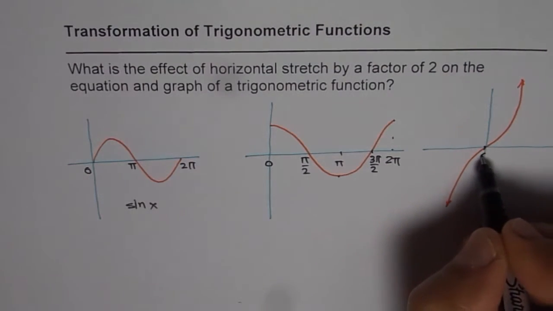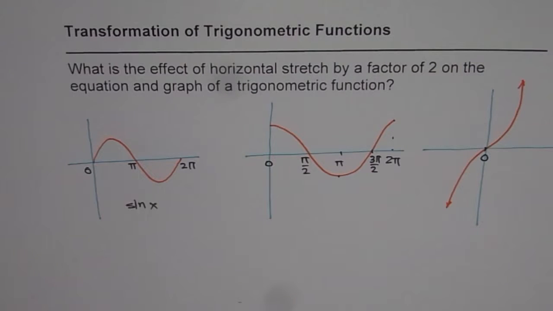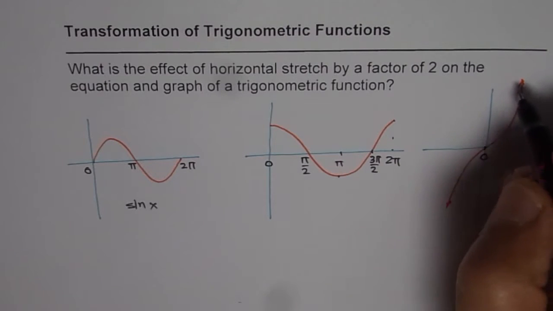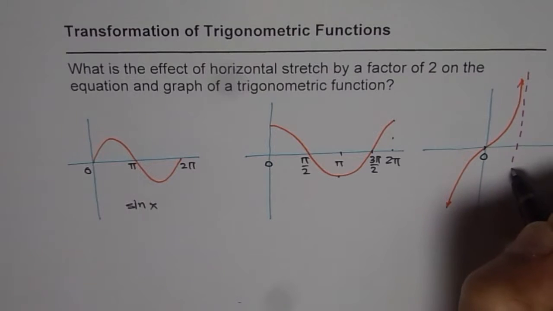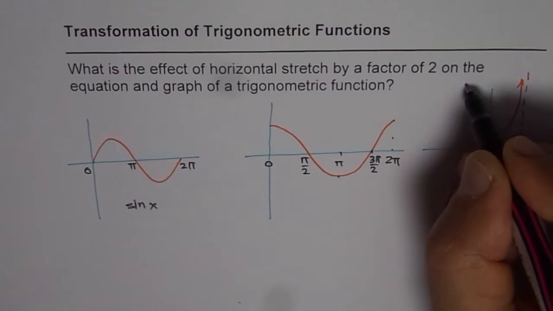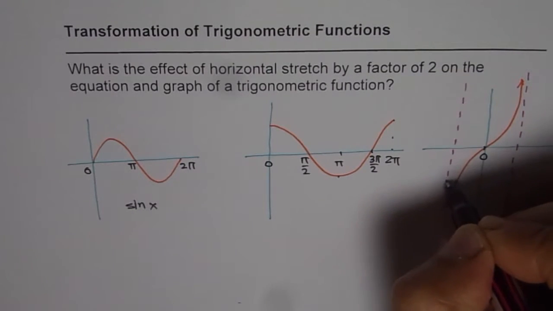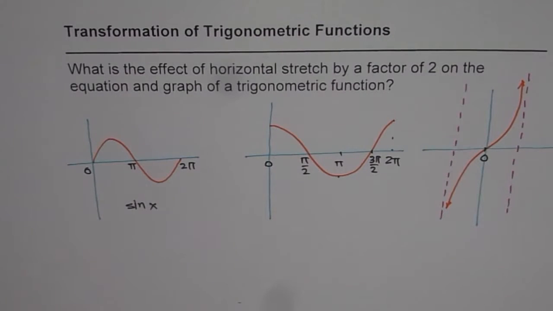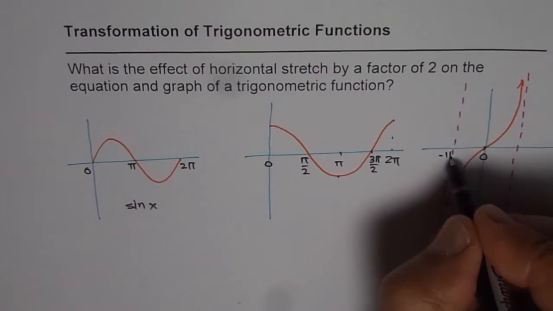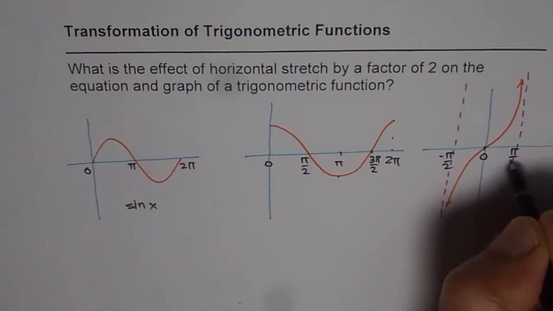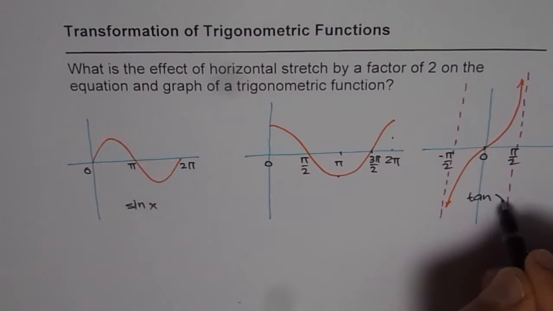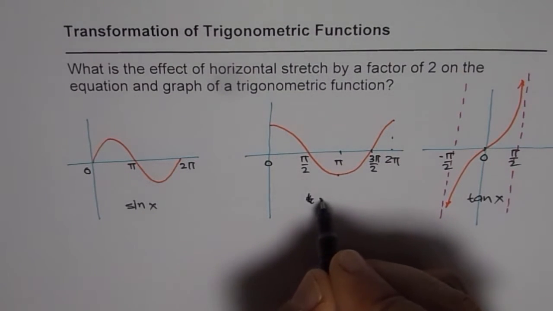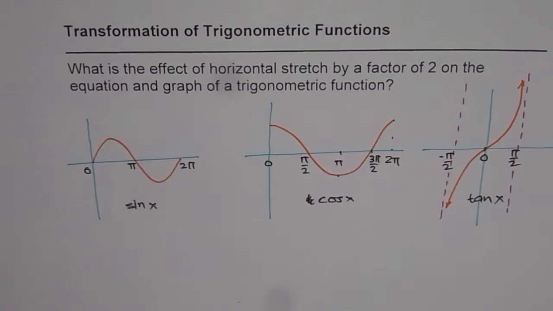Now in this particular case, as you know, the time period for a tan function is pi, not 2 pi, as it is in the case of sine and cosine. Tan x will actually repeat after every pi radians. So what we really see here, this is minus pi by 2 to pi by 2. So I've taken tan function which is within minus pi by 2 and pi by 2, correct? And that is the cos function.